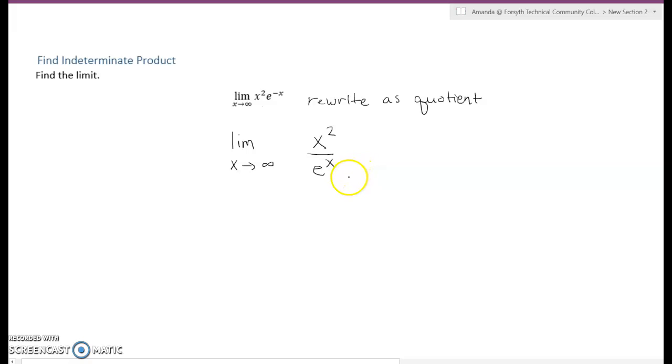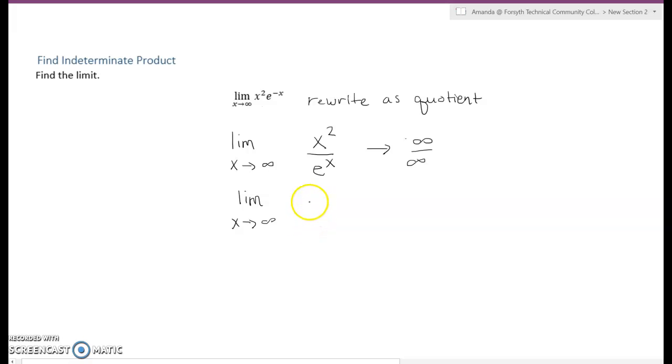So now we have this in this nice quotient form. We know e to the x and x squared are both continuous. And so let's take the limit as x goes to infinity. We also know that x squared and e to the x, if you head off to infinity with x, would be an infinity over infinity situation.